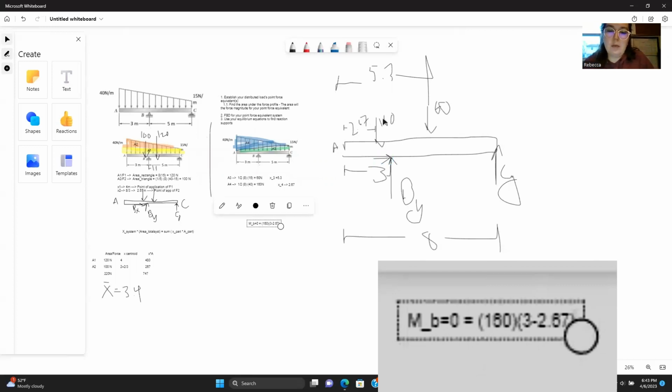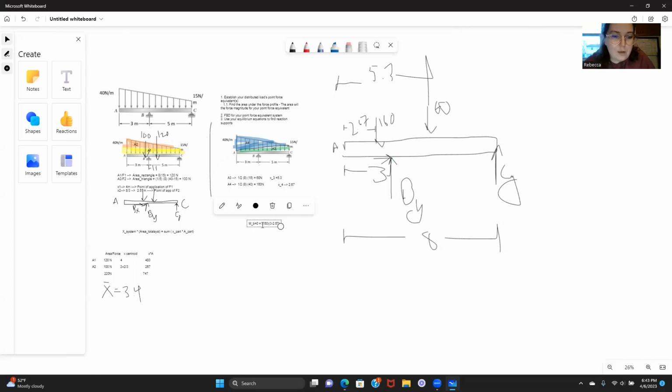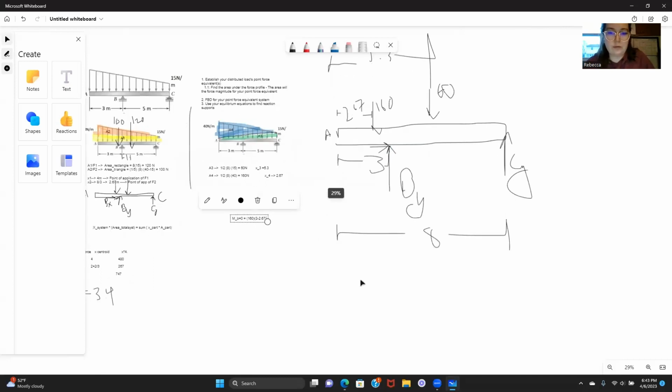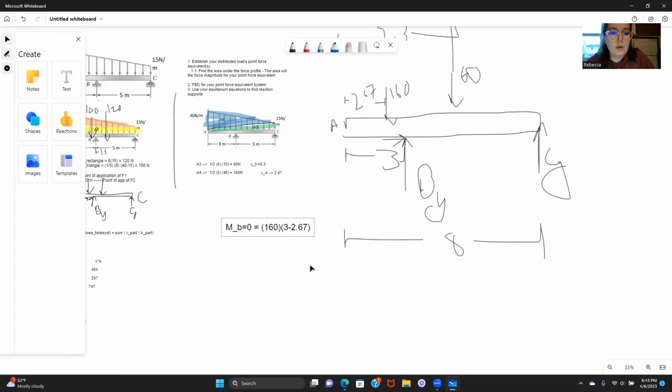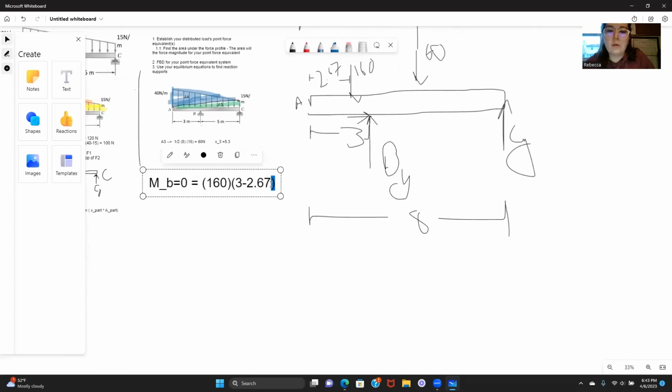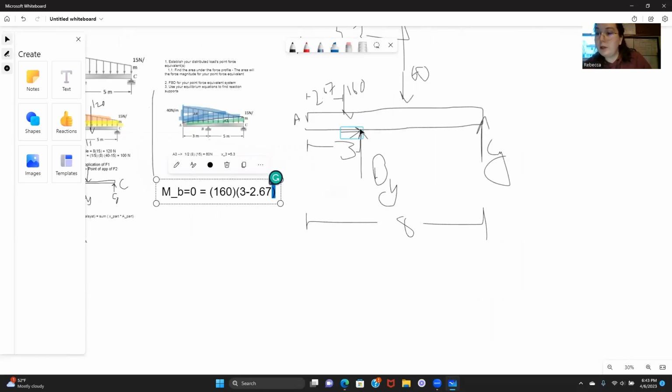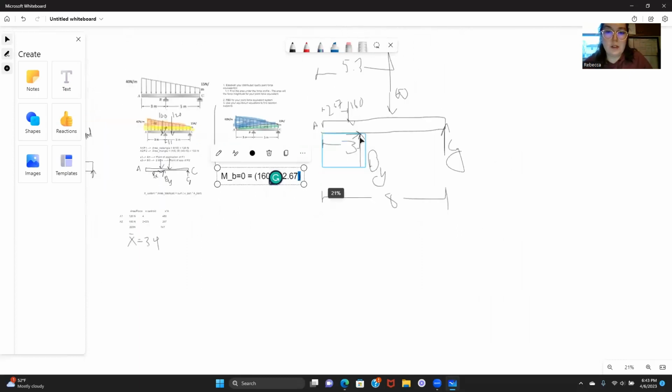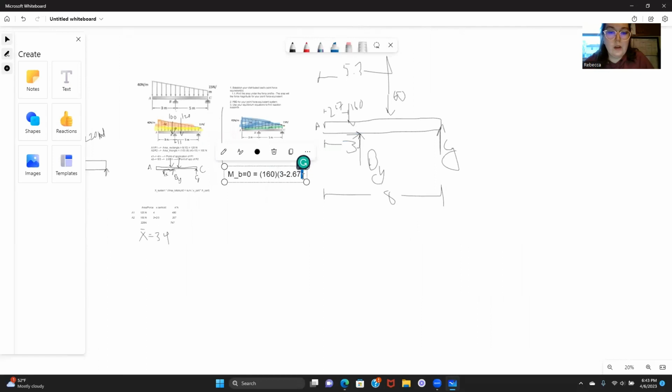If we're fixed at B, this would cause a counterclockwise rotation, and so we're going to give that a positive value convention. Nothing at B would impact it because it's a perpendicular distance of 0.